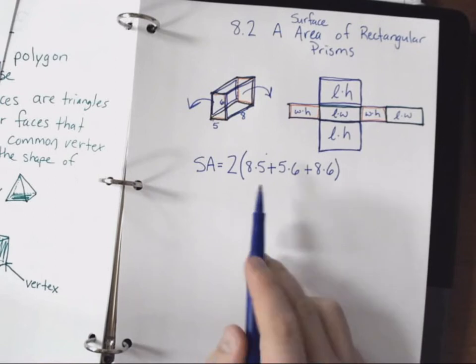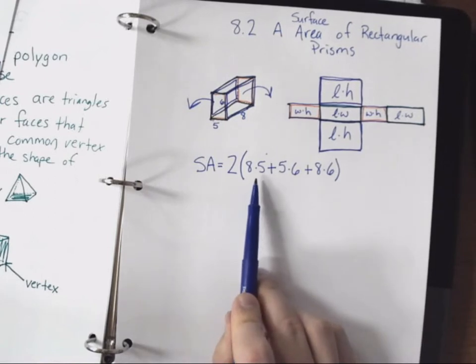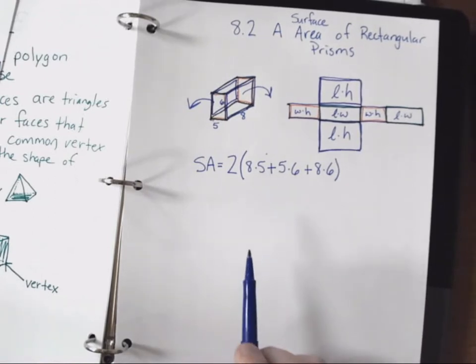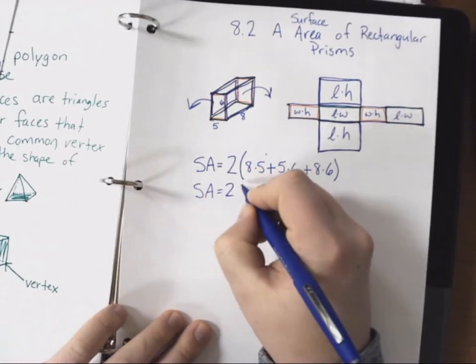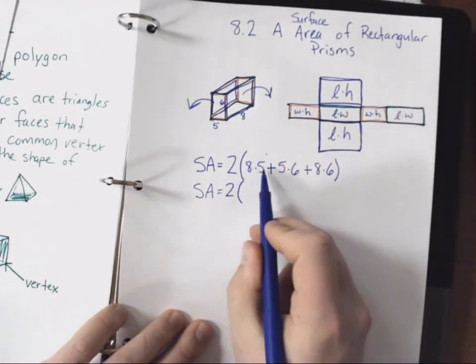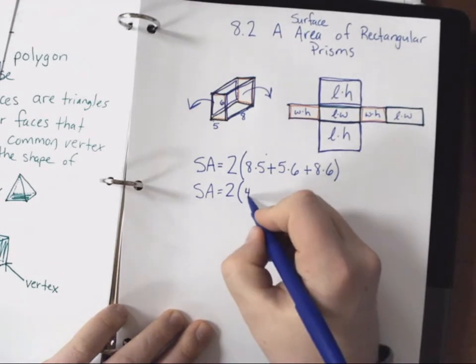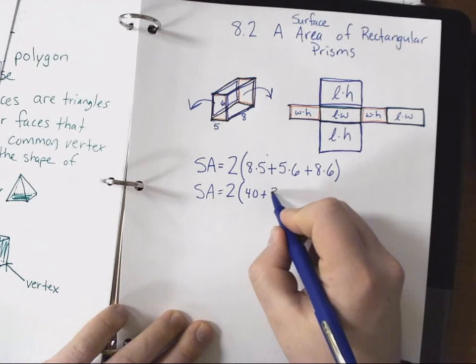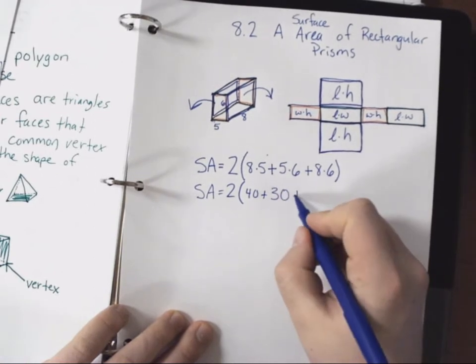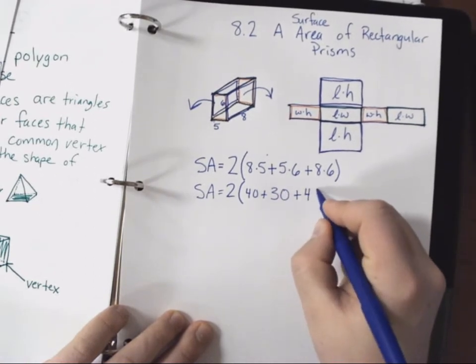So now order of operations would tell us that we're going to multiply first inside parentheses. So surface area equals 2 times, then 8 times 5 is 40, plus 5 times 6 is 30, plus 8 times 6 is 48.